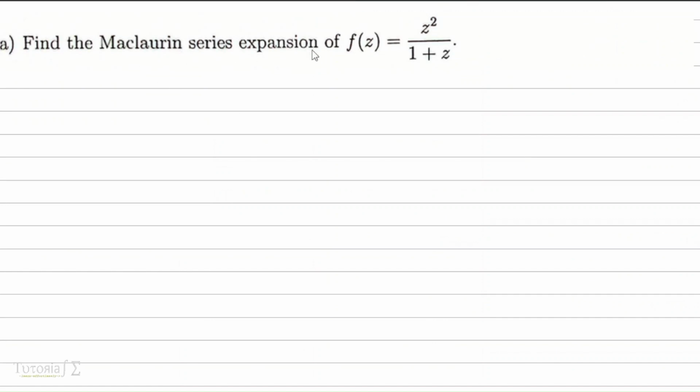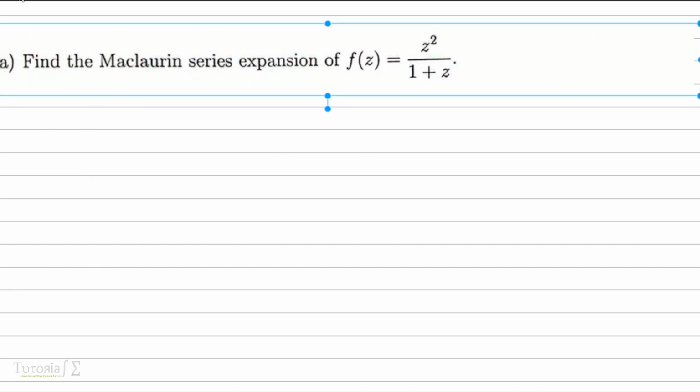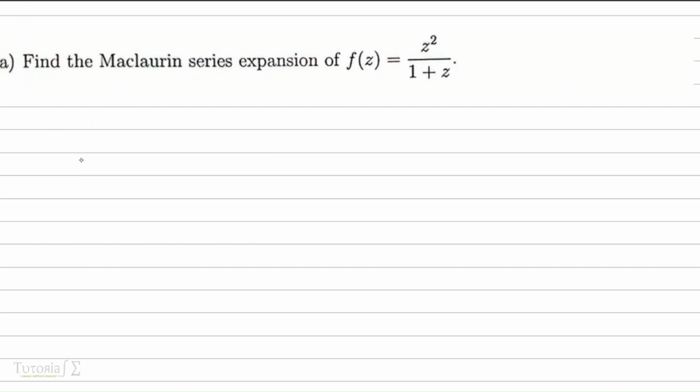All right. So we'll start with the first one. Find the Maclaurin series expansion of f of z equals z squared over 1 plus z. Now, remember I said a Maclaurin series is just a special form of a Taylor series. But what is a Taylor series?